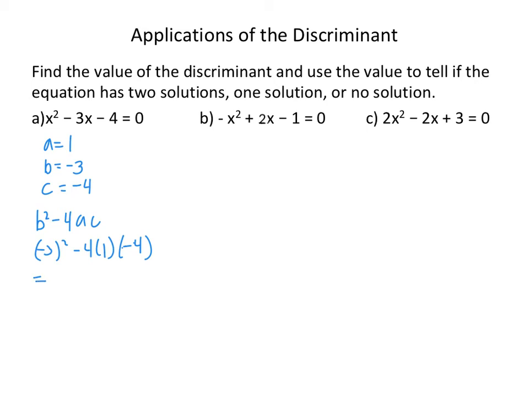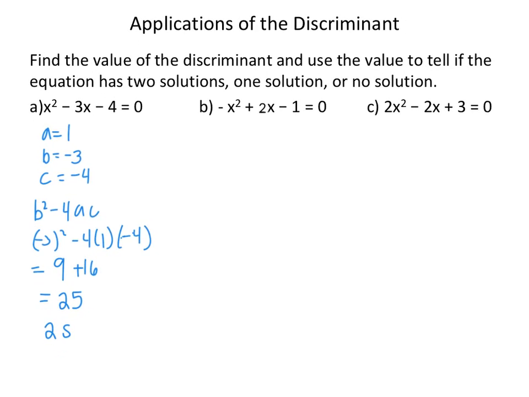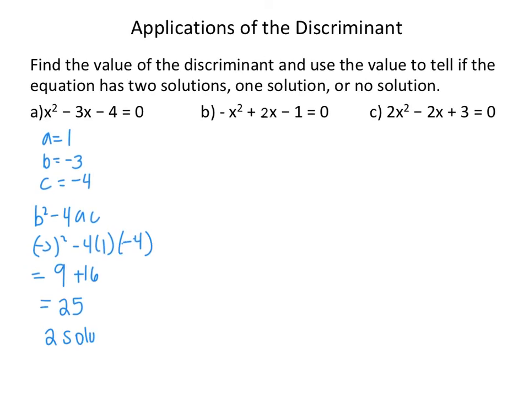Evaluating this, negative 3 times negative 3 is positive 9. Negative 4 times 1, negative 4 times negative 4 is positive 16. So my discriminant is equal to 25. And since my discriminant is positive 25, it's greater than 0, I know I'm going to have 2 solutions. So even though it's not asking me what my solutions are, I know that I should have 2.